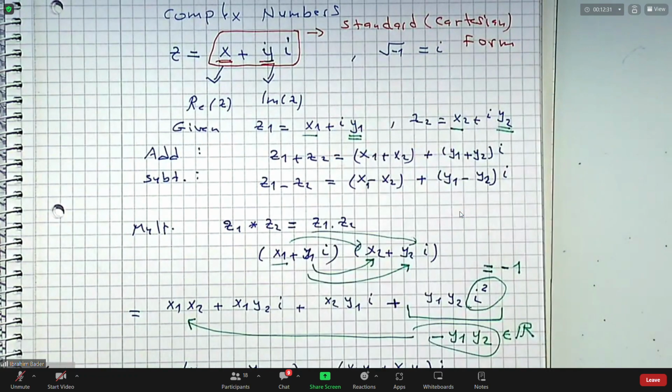This means that we can write x as the real part and y as the imaginary part.